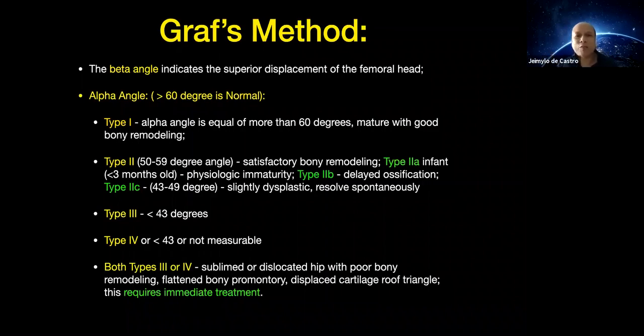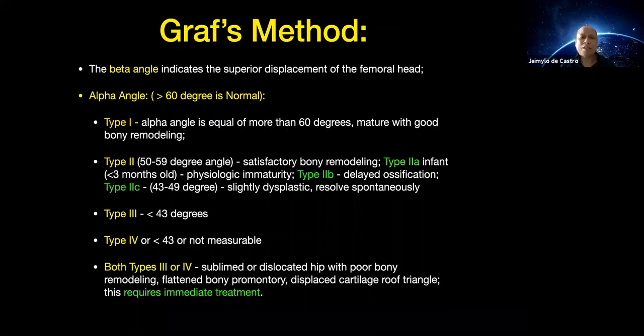So what is type 1? Type 1 is just normal. Type 2 is classified into 2A, 2B, 2C, with different angles. Findings of up to about 43 degrees can be classified as slightly dysplastic and could resolve spontaneously. So no problem.